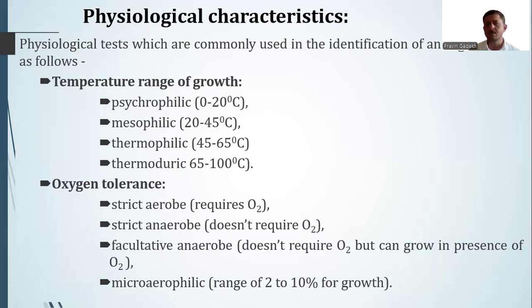Apart from that, with respect to their oxygen tolerance or oxygen requirement, they are again categorized into different groups. So strictly aerobic organisms, for the growth of which they require oxygen, are called strict aerobes, or you can say obligate aerobes.